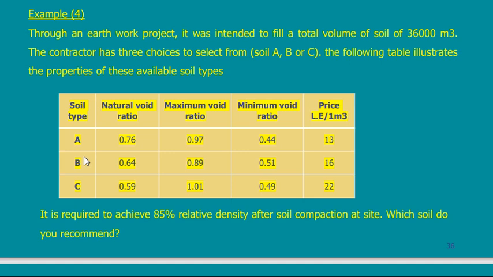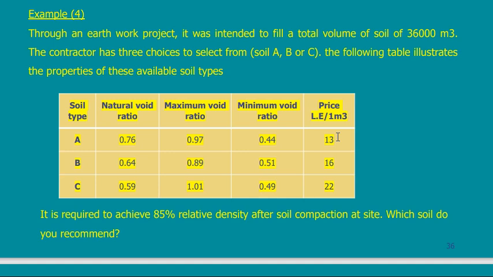So you go outside, you go to many places, you find that one of them is telling you, I can give you 1 meter cube with 13 pounds, the other 16, the other 22. Which is better? Usually we may say that the one with the 13 is okay, but maybe the sand that he has now is not compacted on his site.